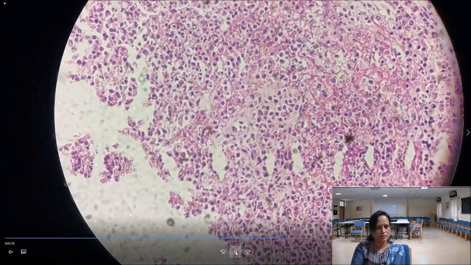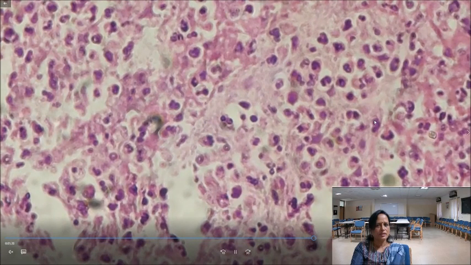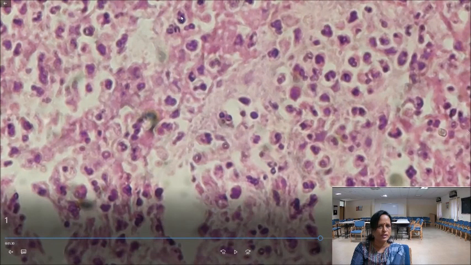Some amount, this looks like fibrin. See, all these are acute inflammatory cells. I'm sure now you can appreciate the morphology of neutrophils very well. See, 1, 2, 3, 4, 5, 6. Most of them are neutrophils.